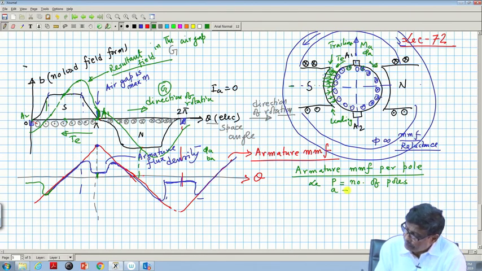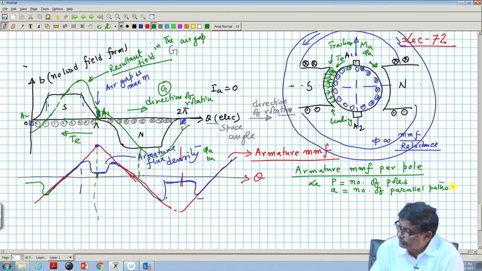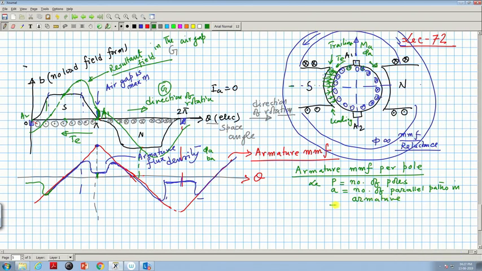A is the number of parallel paths in the armature. And let Z be the total number of conductors in the armature.